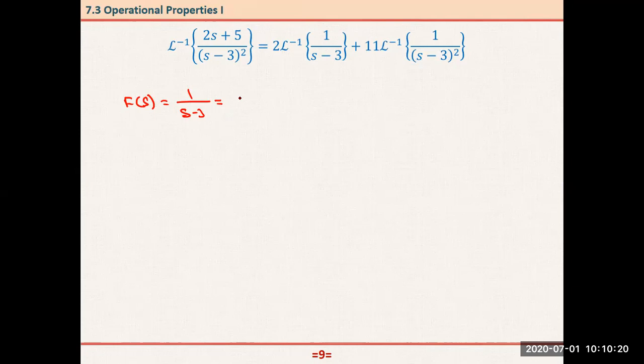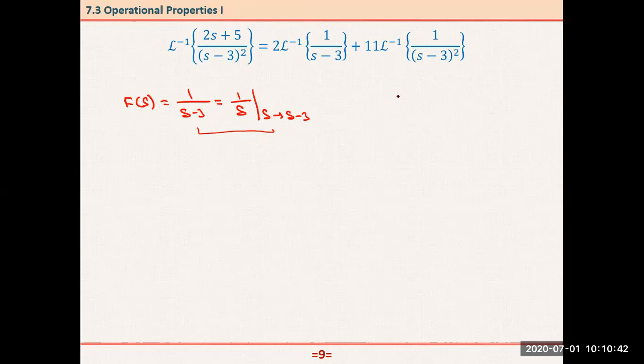I can just write it as 1 over s, where s should be replaced by s minus 3, right? These two expressions are exactly the same thing, just using different notations, right? So evaluate this thing when s equals s minus 3, or just evaluate this thing. It's the same thing, right?